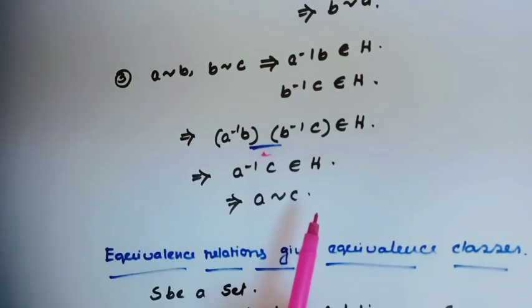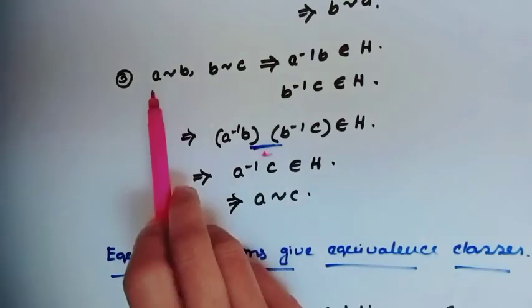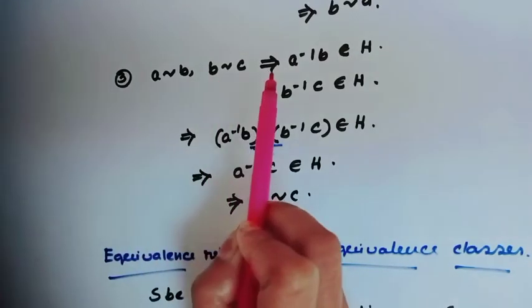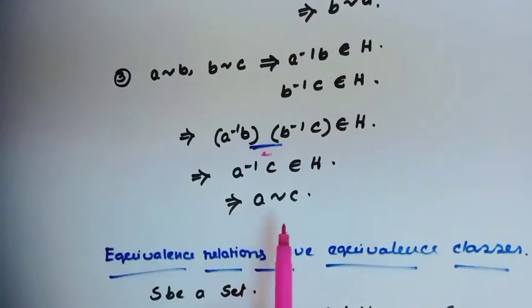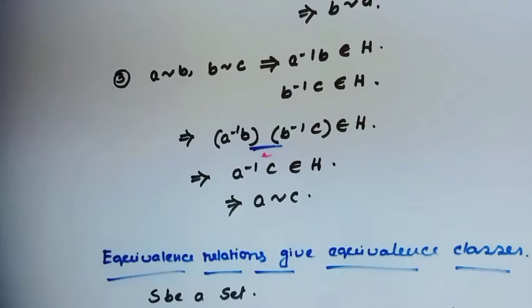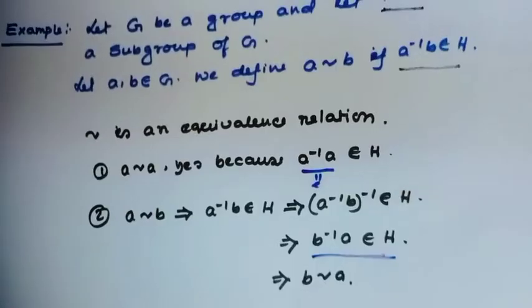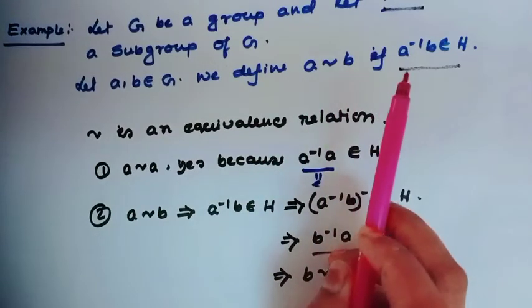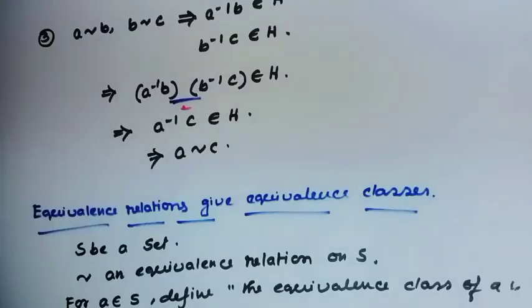So the relation is transitive because a is related to b and b is related to c imply a is related to c. So our proof is done. The relation is an equivalence relation. Okay? Well.